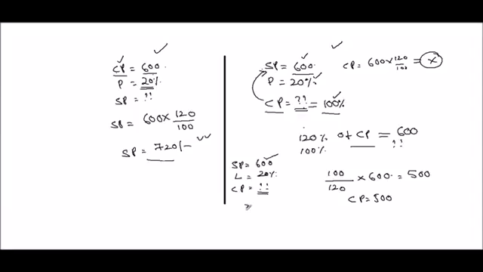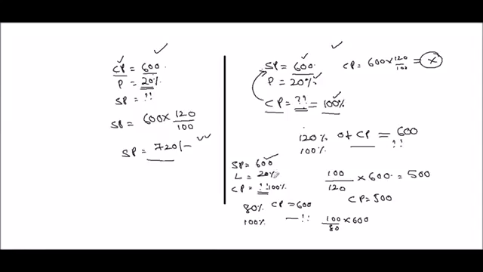Simply 80% of the cost price is equal to 600. What is this 80%? This is 100% minus 20% of this. You have got this. Now 100% is equal to how much? Now it should be 100 by 80 into 600. You have to go in this way.